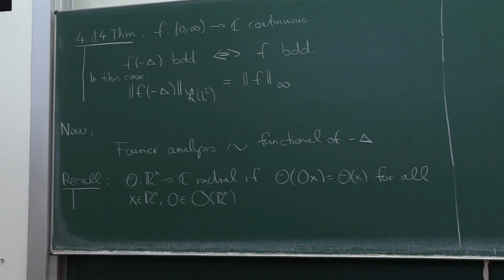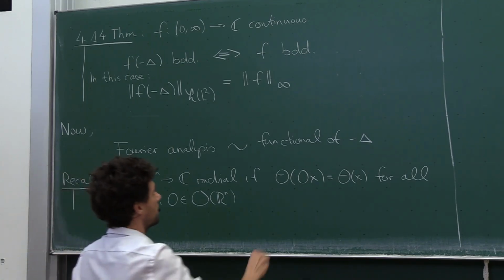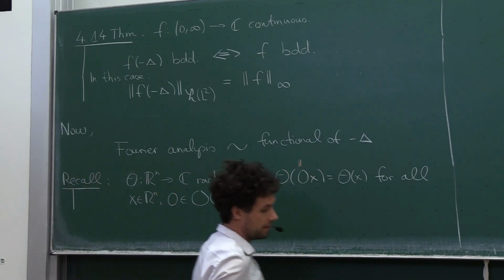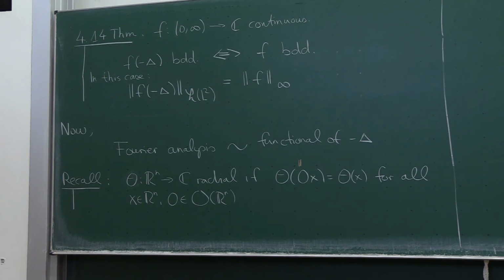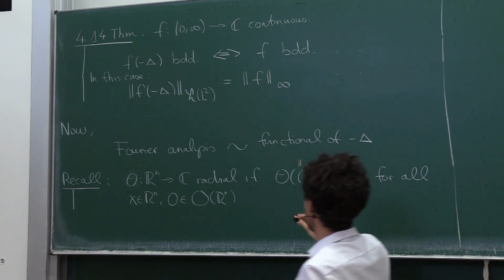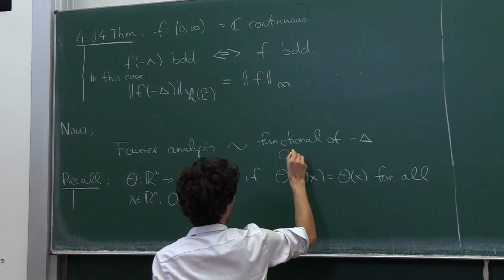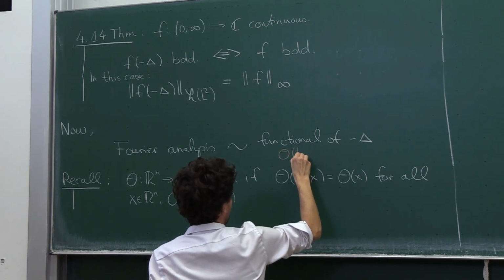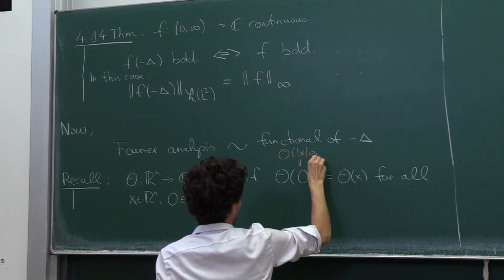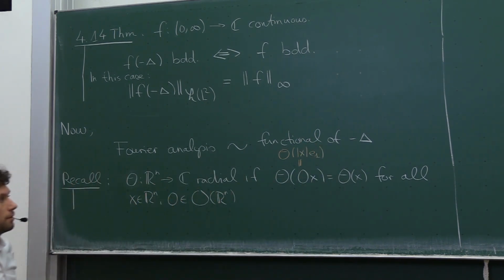And you are going to be asked in the exercise, okay, and then if the function is radial, then you can play the same trick as in this proof. Then you can say, well, in this case, the value of the function doesn't change if I take any vector and I rotate it in a way that it becomes a multiple of, say, the first unit vector. Okay, so in this case, if it's radial, then this is the same as theta of the absolute value of x times, say, the first unit vector.